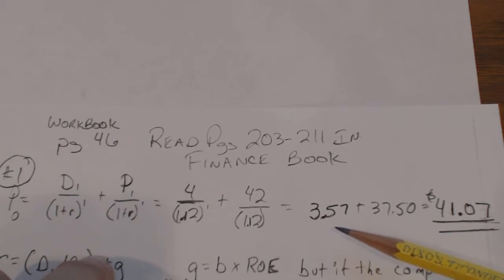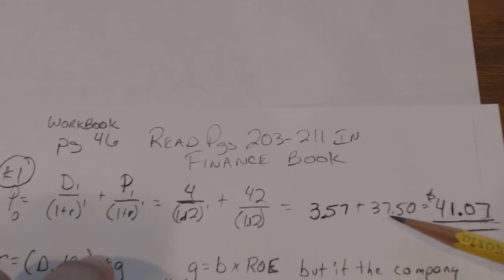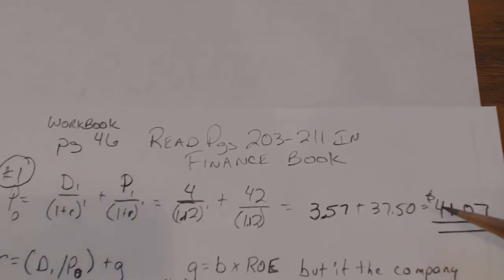That's what $4 is discounted back to D0. But you're just trying to find the overall price. And $37.50 would be $42 discounted back, over 1.12. So the price P0 of the stock would be $41.07.